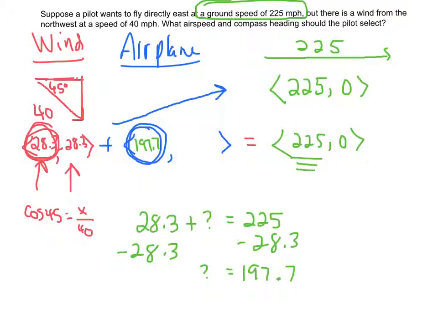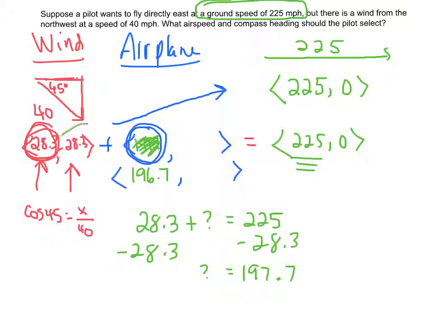Not 197.7, it's 196.7. I can't erase that. 196.7, sorry about that. Then I look at the y values.